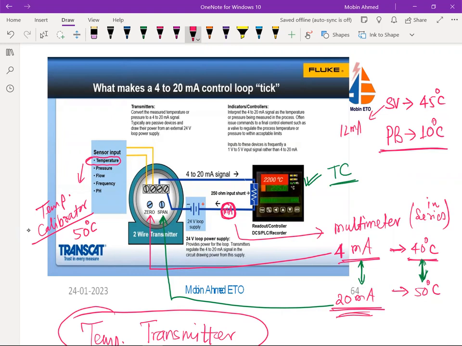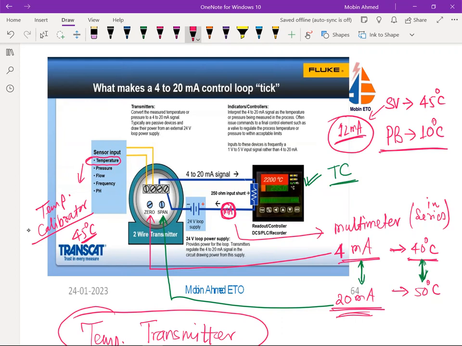You can check it also: if you make it 45 degrees, it is supposed to always read 12 milliampere, the mid value of this range. That means your set value is 45 degrees and the range has become 40 to 50. Got it?